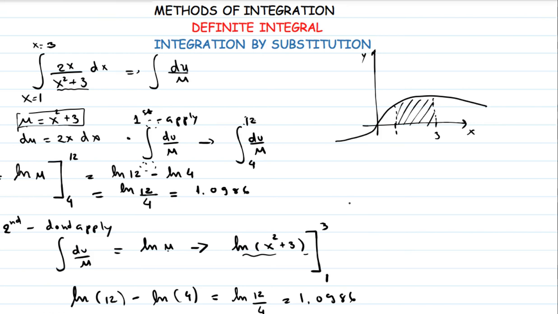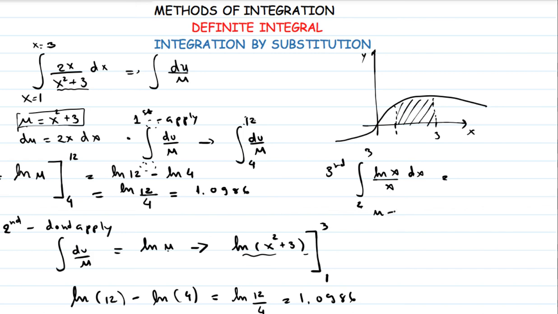We can also find a small problem. We can call this our third problem, since we are wrapping up the topic. Let us say you have here natural log of x divided by x dx, and then we're going to put our limits 3, 2. You already know that these limits are for x. As you can see, natural log of x, if you take the derivative of it, you're going to have 1 divided by x.